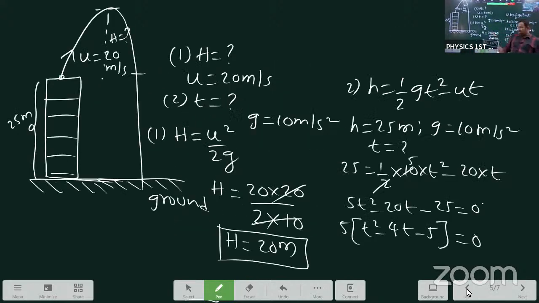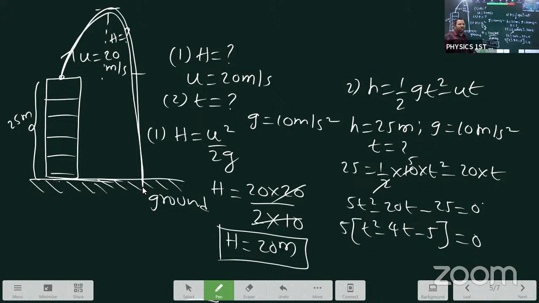The question they gave is an example problem from motion in a straight line: a ball thrown from a multi-story building with a velocity of 20 meter per second. Point of projection to ground is 25. Total 2 questions they are asking: how high the ball will rise, and what is the time taken by the body to reach the ground.